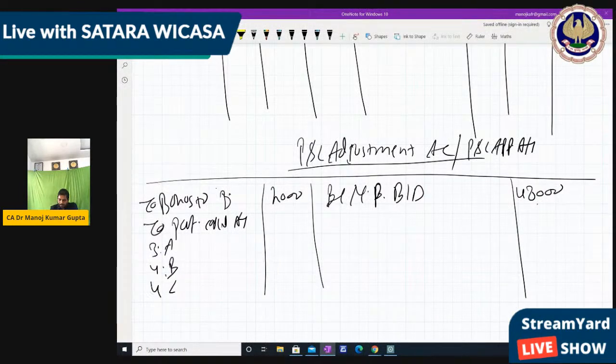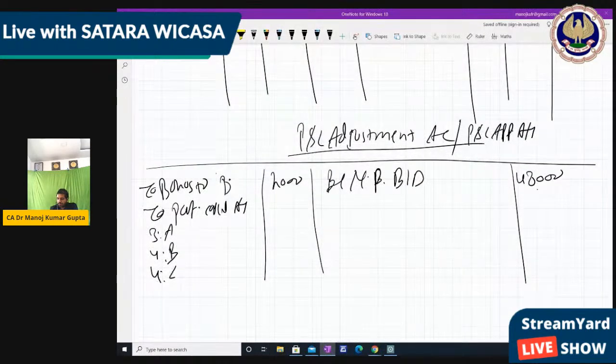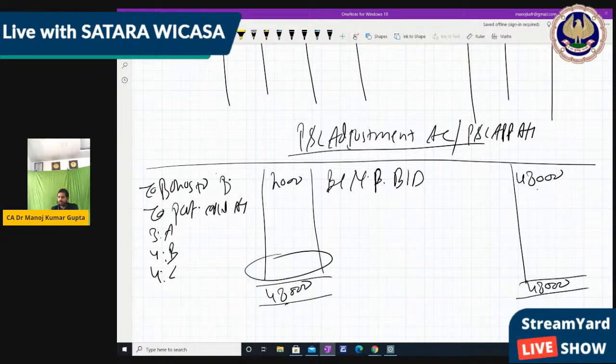So first we credited bonus, 44,000 by net profit adjusted. Whatever the balance is will be distributed among all partners in the new PSR, which they decided at the time of retirement, right? 44,000.